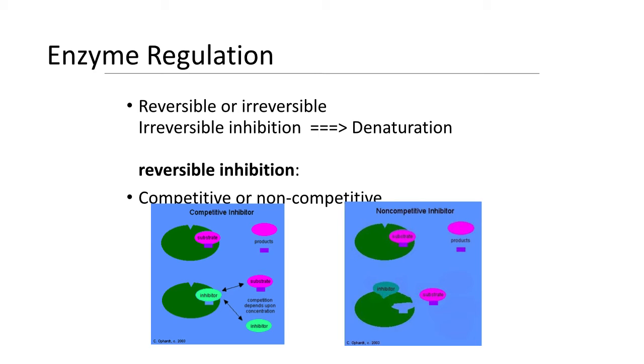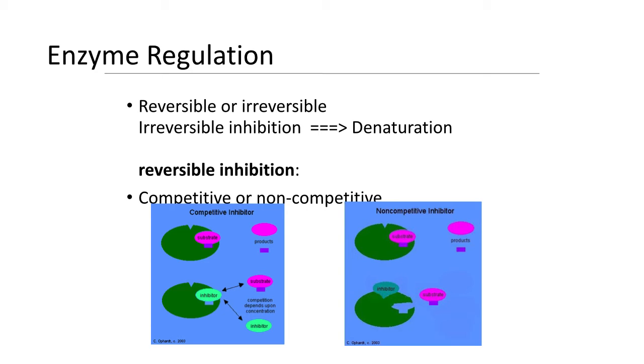In this case, we're looking at situations where a competitor actually makes it to the active site preferentially over the substrate. This is usually a molecule very, very similar to the substrate and effectively blocks it. If you swamp or overwhelm the active site with the competitor, you can prevent the active substrate from occurring.